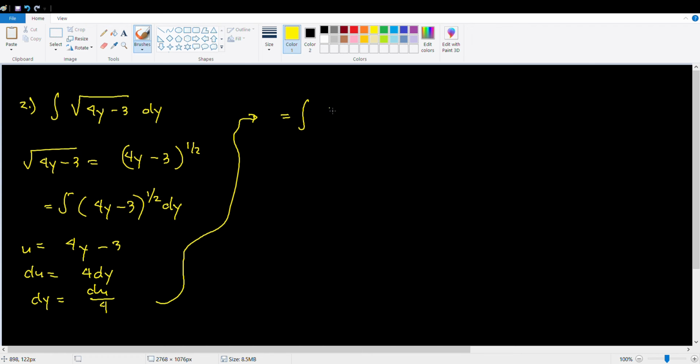Integration of u raised to 1/2 times du over 4. Since this is our dy, we have just changed it, and this becomes 1/4 integration of u raised to 1/2 du.